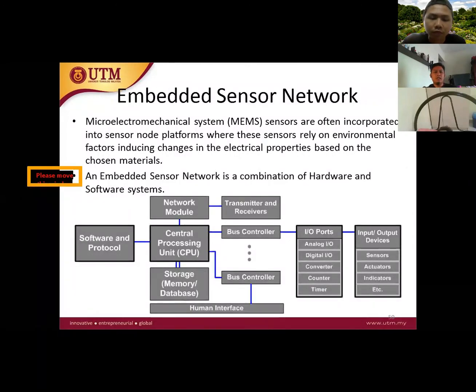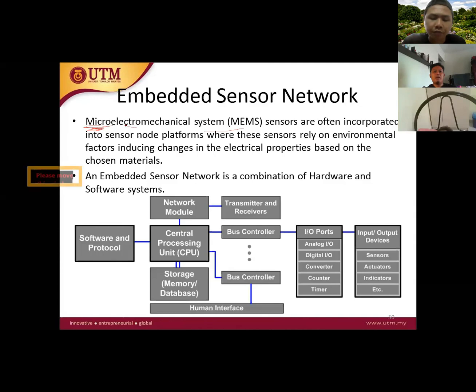So this is the typical architecture of a MEMS sensor. MEMS stands for microelectromechanical system. Microelectromechanical means that it's very small, in the size of micrometers.